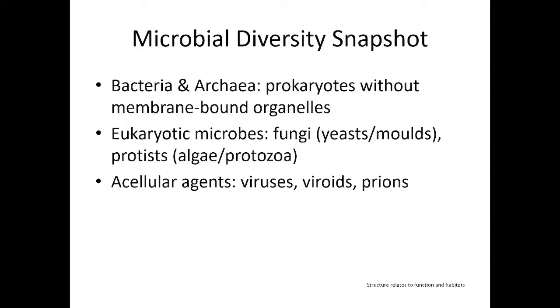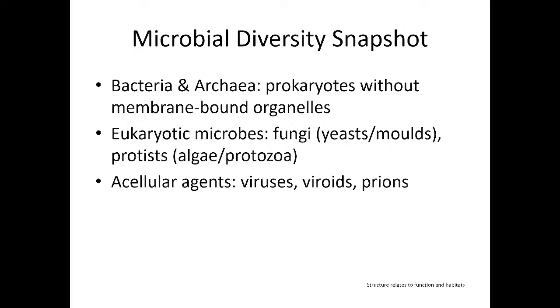Now the next thing you should know in this course, and we are going to see it, is that you can group or classify microorganisms into three distinct kingdoms or pathways. The first one they call bacteria and archaea.